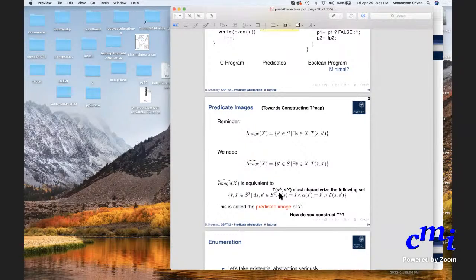So that must characterize the following set.